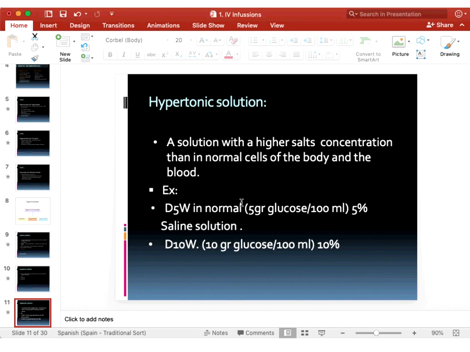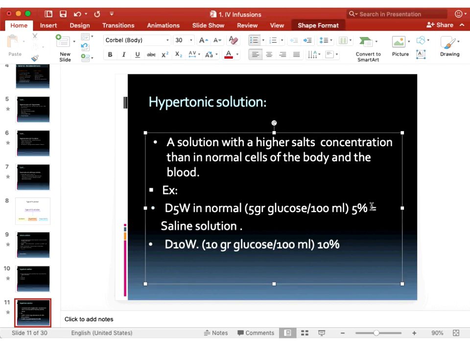Now, when we say percentages in mixed solutions, we have to infer this. If we are talking about a solution that has 5% of glucose, we're saying that it has 5 grams of glucose every 100 milliliters.